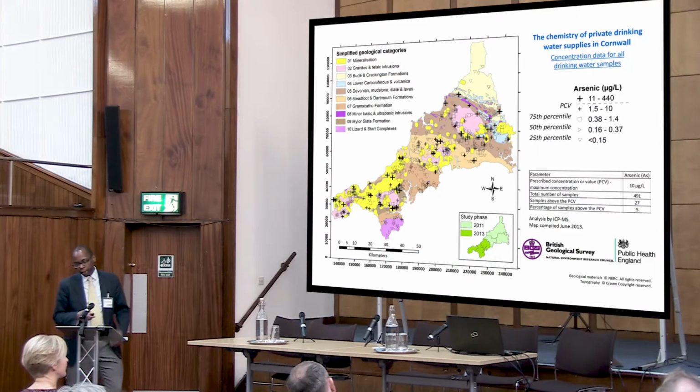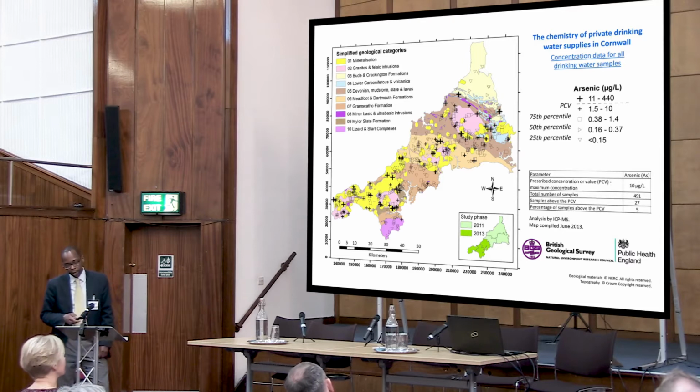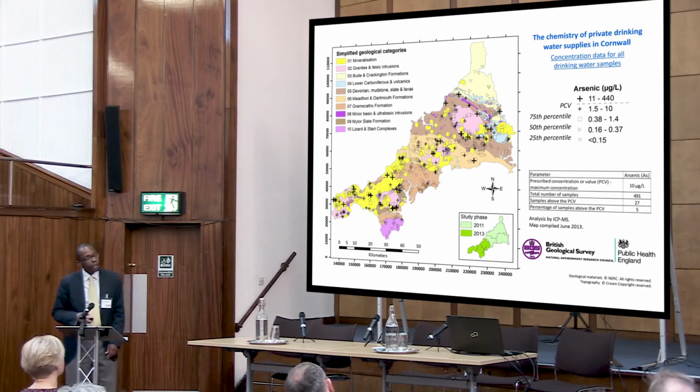So it was really just to look at improving exposure assessments based on the geology and prioritising sampling plans for those locations where they were able then to detect the highest concentrations based on geological features and the use of those samples.